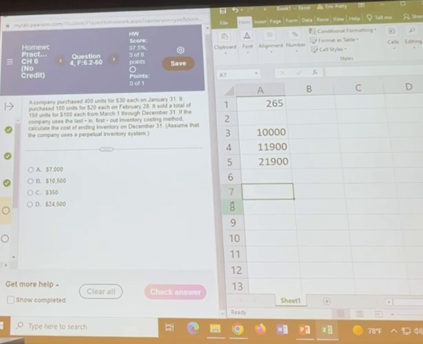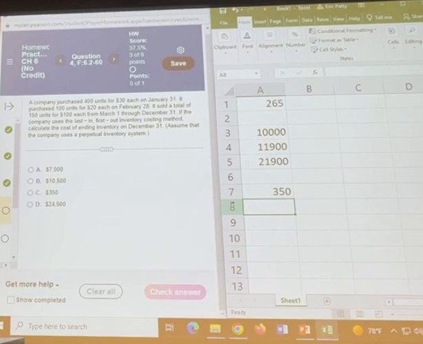So the number of units in inventory, we would take the 400 that they purchased plus the 100 that they purchased minus the 150 that they sold. So they have 350 units in their ending inventory.